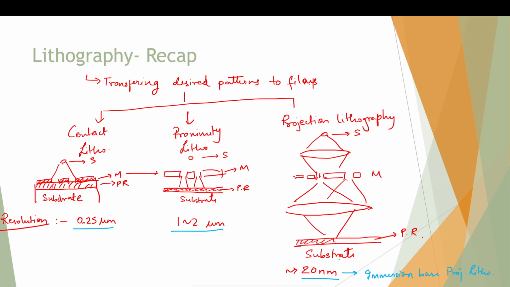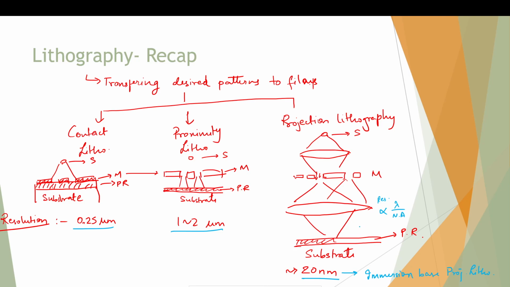So immersion is basically, the resolution of the projection based lithography is directly proportional to lambda over NA. So in immersion, what we do is we change the NA, the numerical aperture of this projection lens, by immersing it in some higher refractive index material.